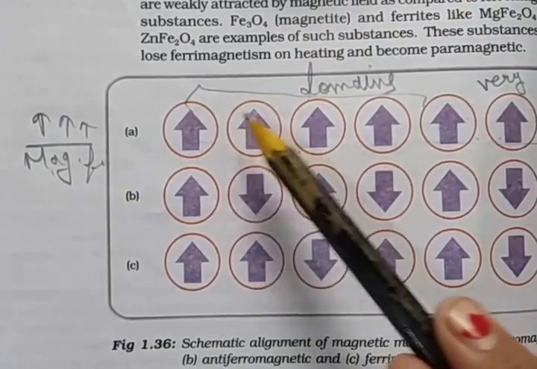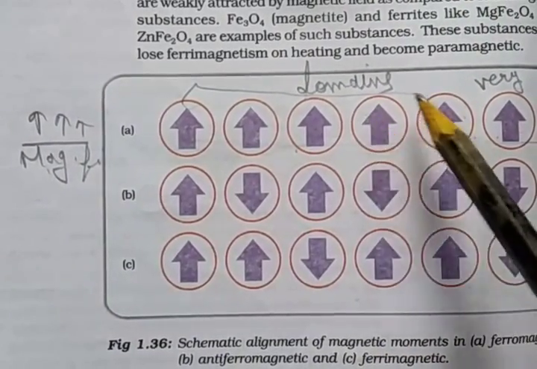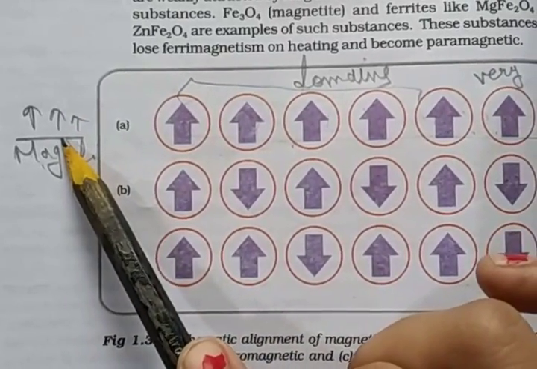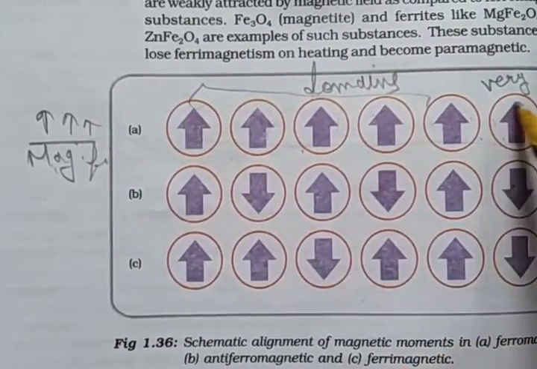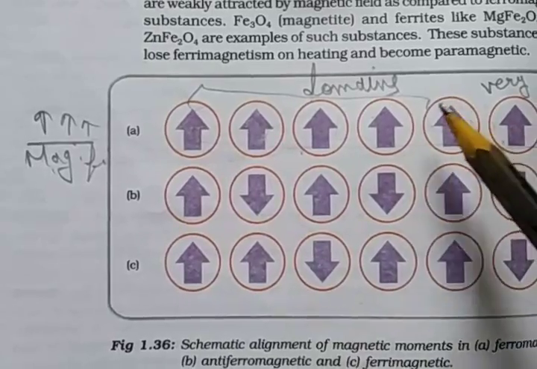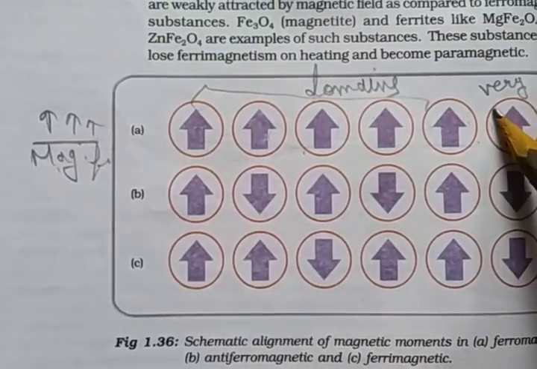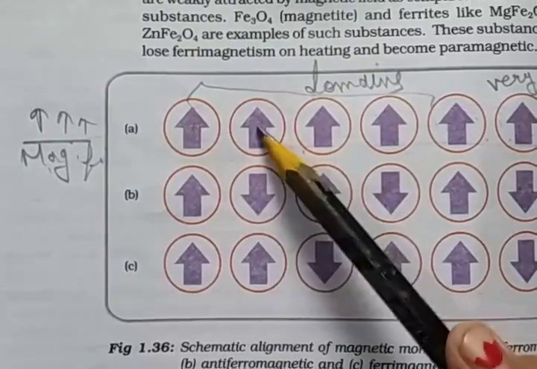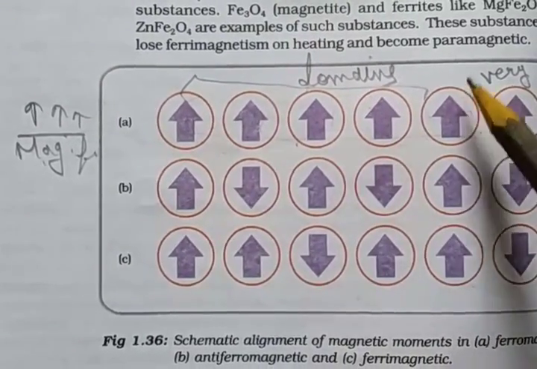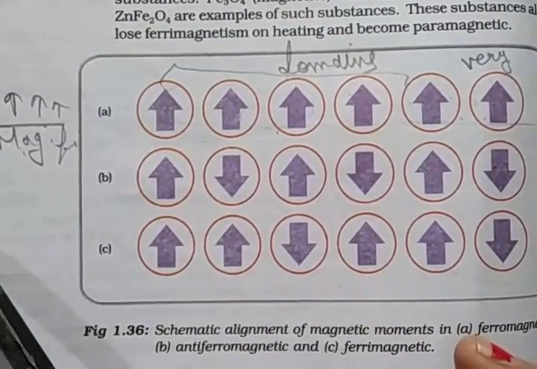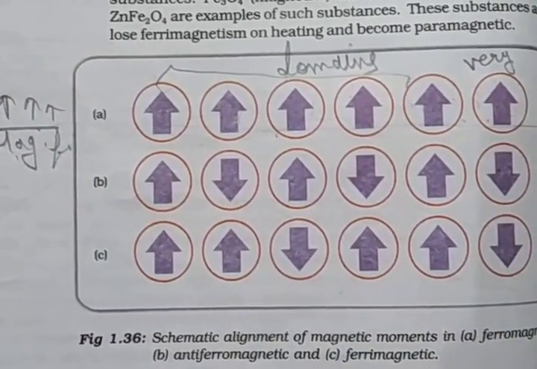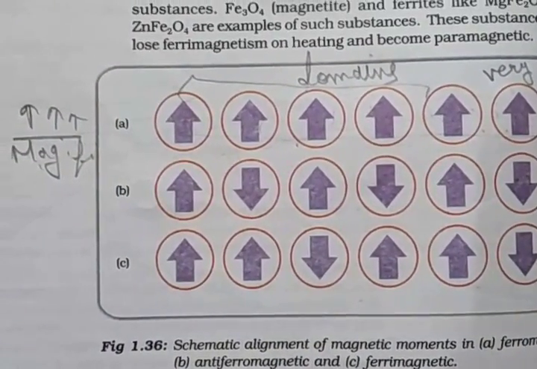When the substance is placed in a magnetic field, all the domains get oriented in the direction of the magnetic field, so a strong magnetic field is produced. This ordering of the domains persists even when the magnetic field is removed, so the ferromagnetic substance becomes a permanent magnet.